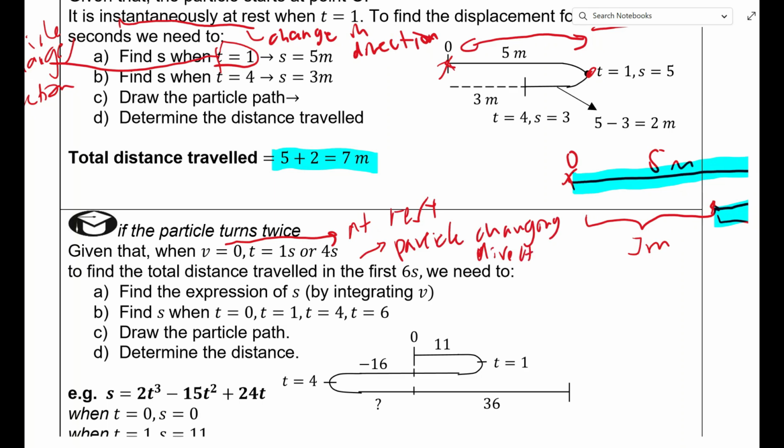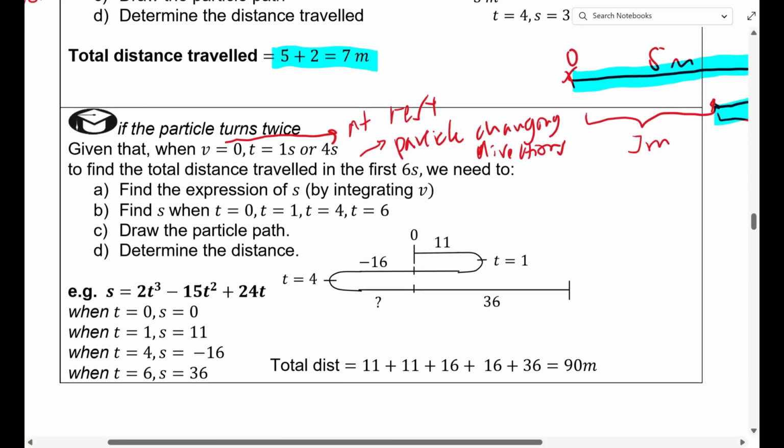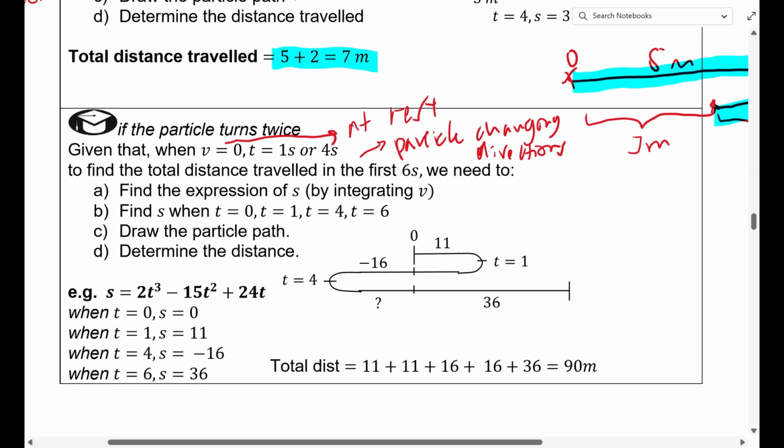You must be able to recognize all these hints that the question is giving you. So when v equals 0, t equals 1 or 4, this means that the particle changes direction at t equals 1 and t equals 4. That's why it changes direction here and here.